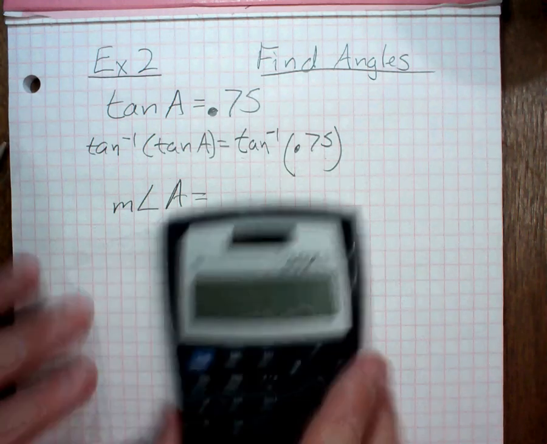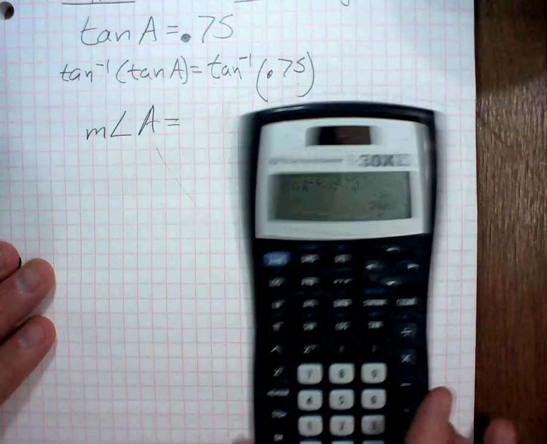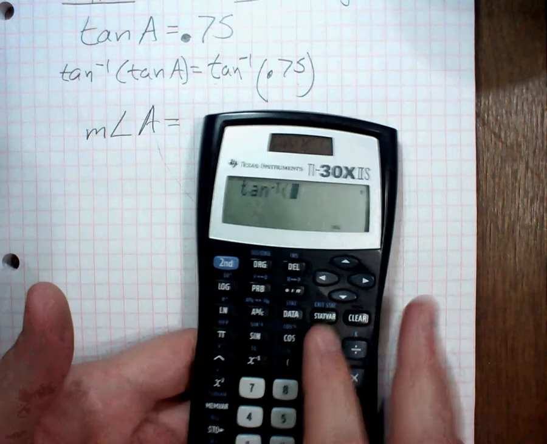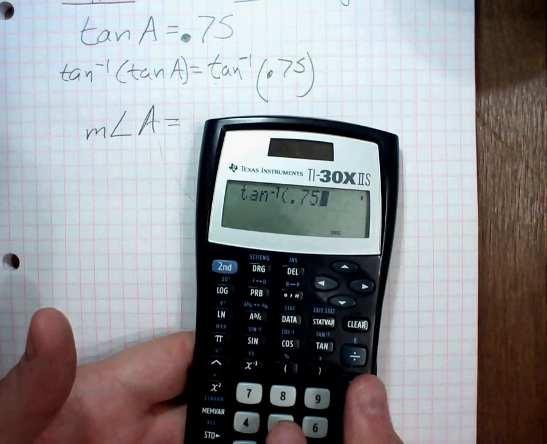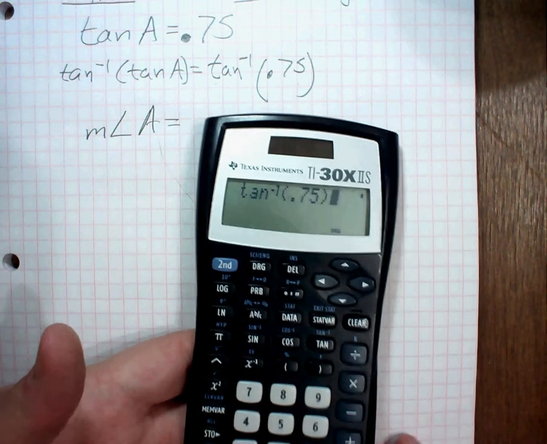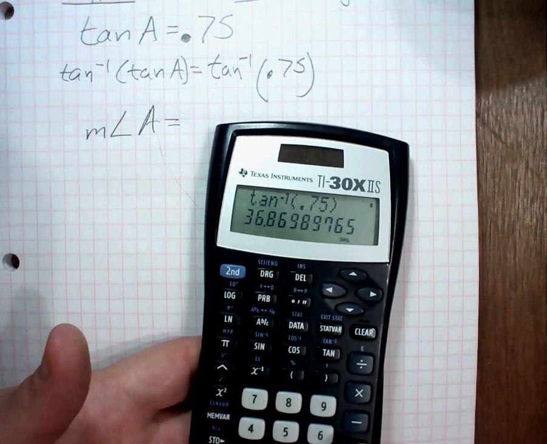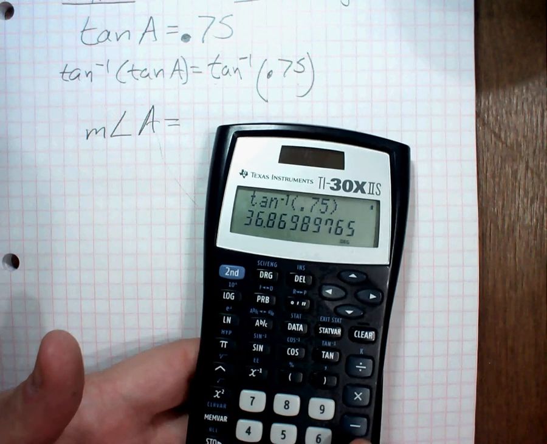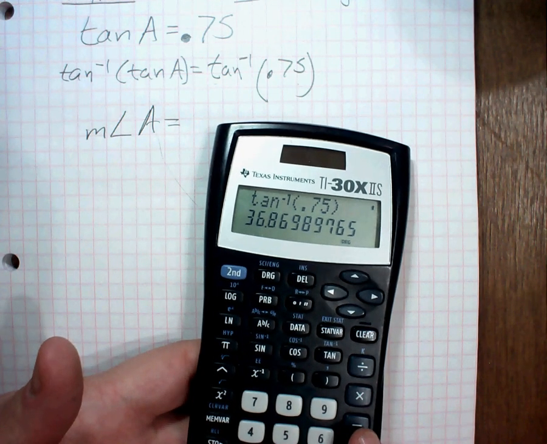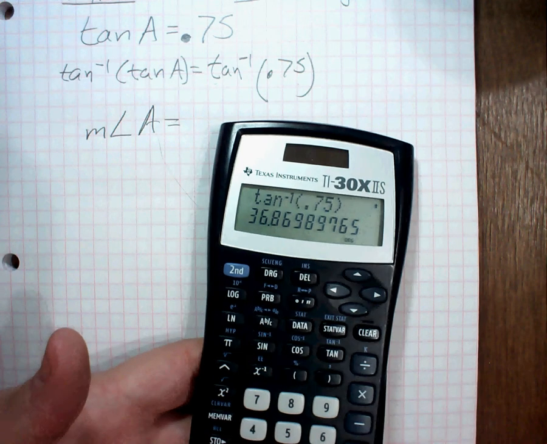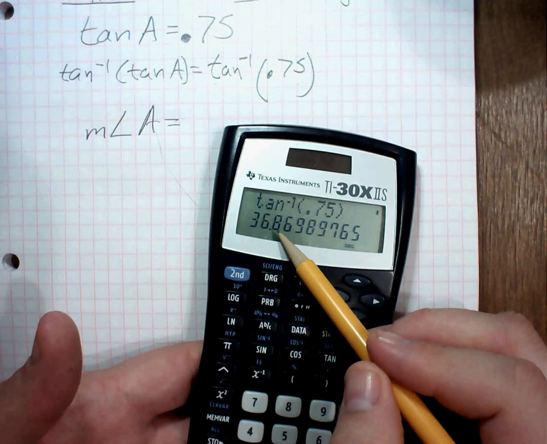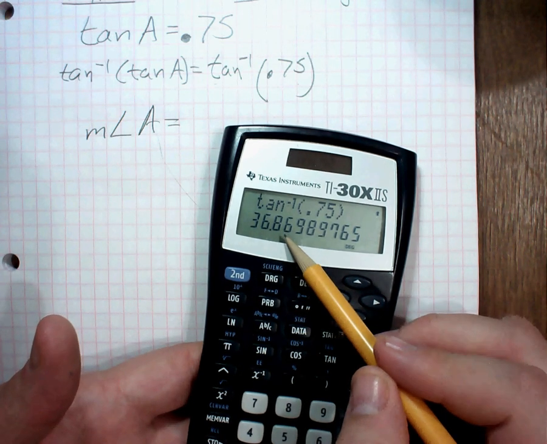I'm going to plug that in my calculator: arctan of 0.75, close the parentheses. If I round to the nearest tenth, this is the tenth spot, so I go one space over.